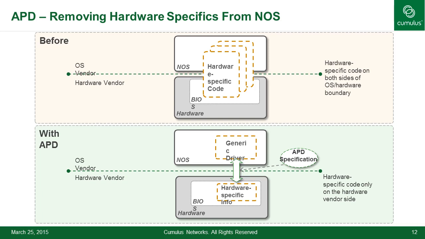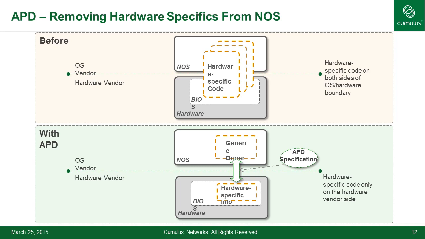We actually segregate those two. In the NOS, there is nothing platform specific. Everything is generic. The drivers and the infrastructure are one piece of code. It doesn't care which platform that is. But all the hardware-specific information lives on the hardware. The OS reads that information through the APD specification, and it automatically generates the controls to control that hardware.